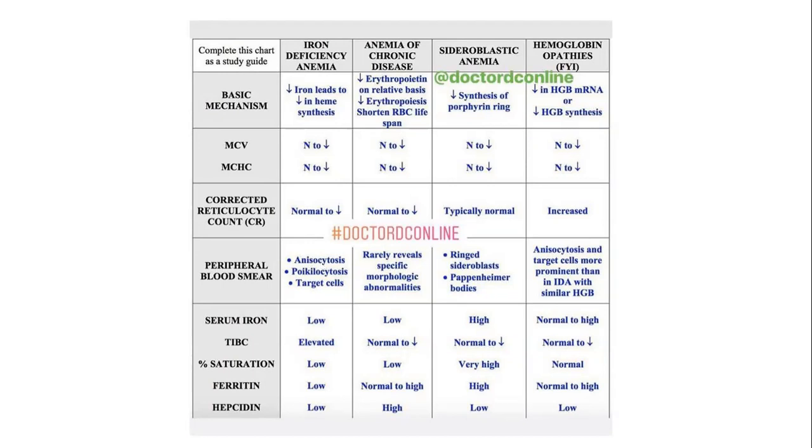The difference between these two keywords: anisocytosis is basically that the patient's blood cells are of unequal size. Commonly, all blood cells are supposed to be uniform, equal size.